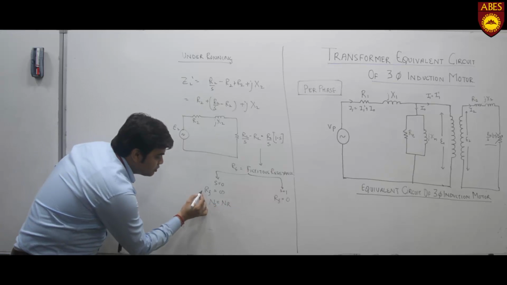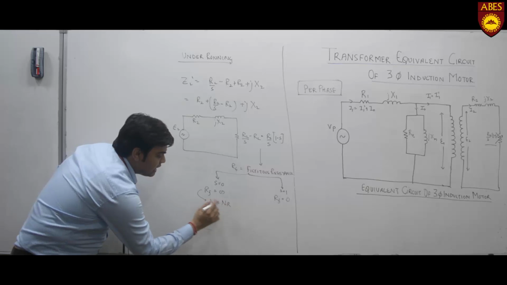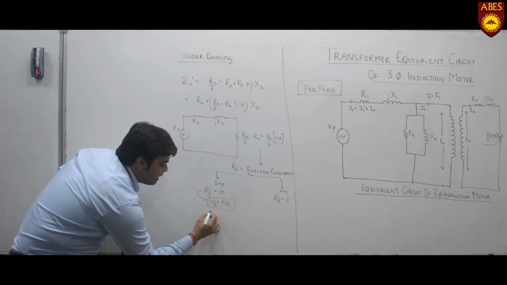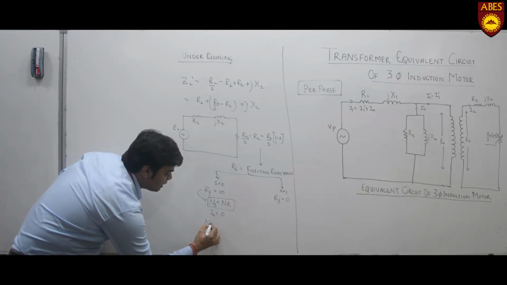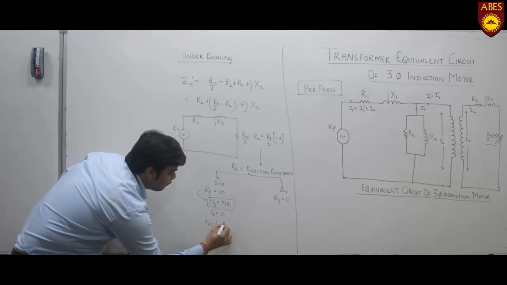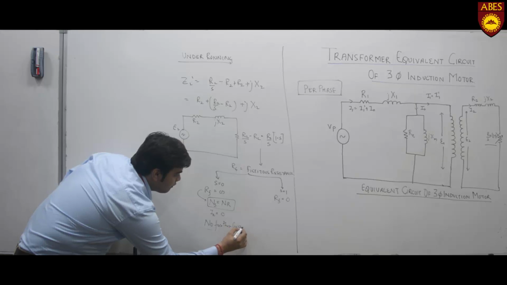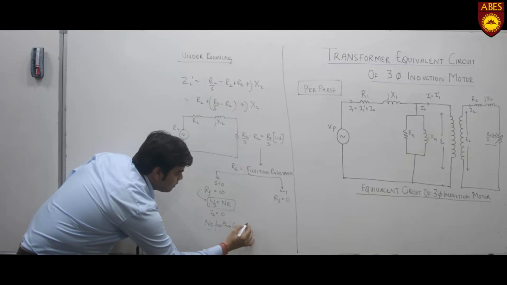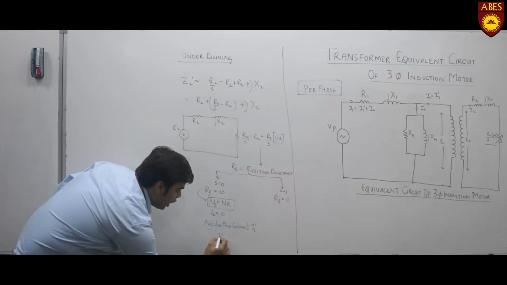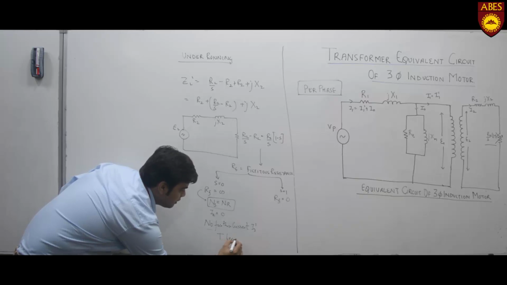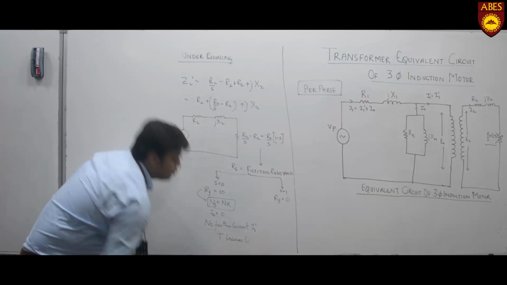Hence RF becomes infinite when NS and NR are equal, so I2 will be 0, no further current I2 dash will be there in the circuit, due to which torque becomes 0.